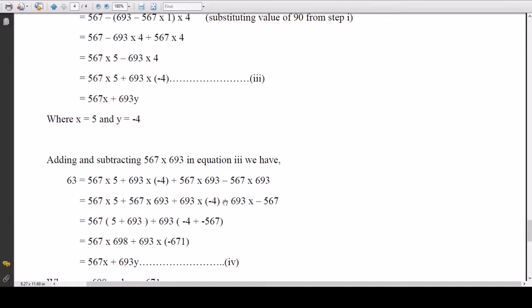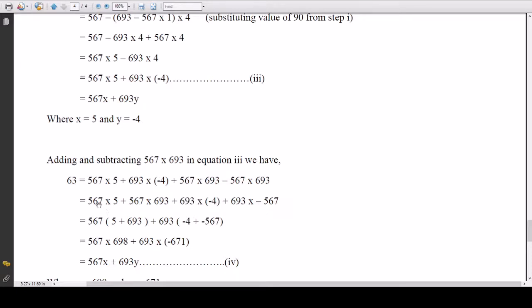Bringing this plus sign will not change anything, because plus times minus is minus, and the product of these two numbers will be the minus of whatever you are getting. Therefore it does not change anything here, because this plus 693 you just multiply with minus 567. You group them so that you can take common 693 and 567.